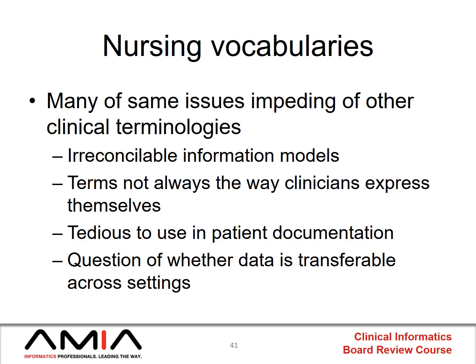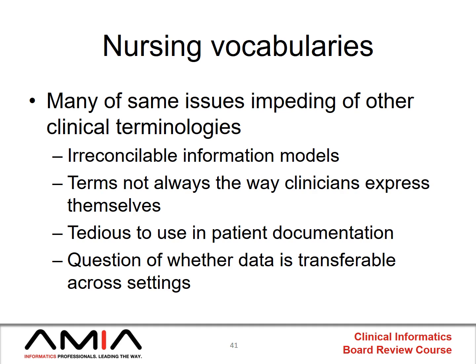There are also a number of nursing vocabularies, and within nursing are challenges that result from having multiple different vocabularies that have evolved for multiple purposes. So these different nursing vocabularies have irreconcilable information models, terms that are not always used the way that clinicians express them.